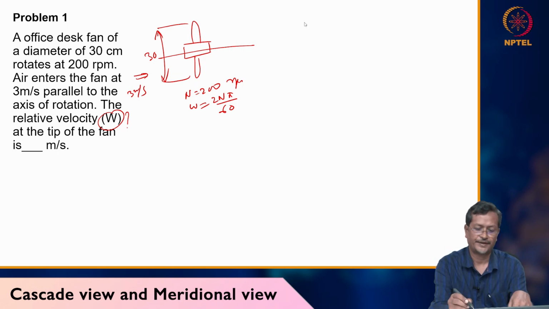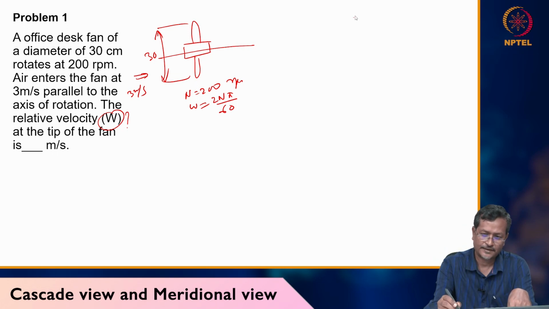So again you draw the velocity triangle. Let's say for the turbine blade u equals omega into r, and v we have is 3 meters per second air velocity. I have to calculate the relative velocity.